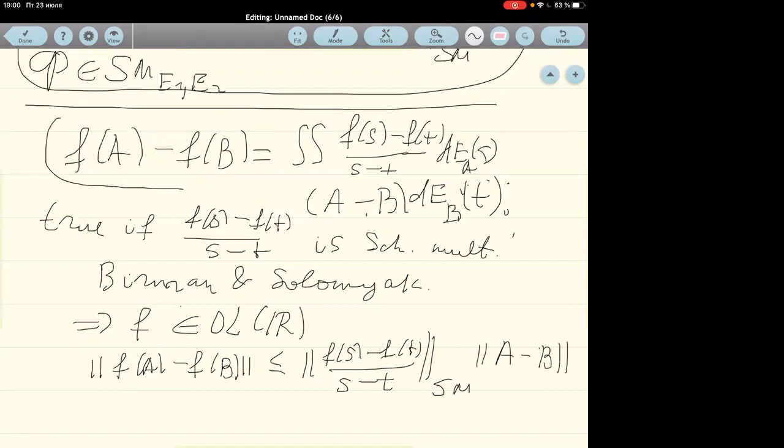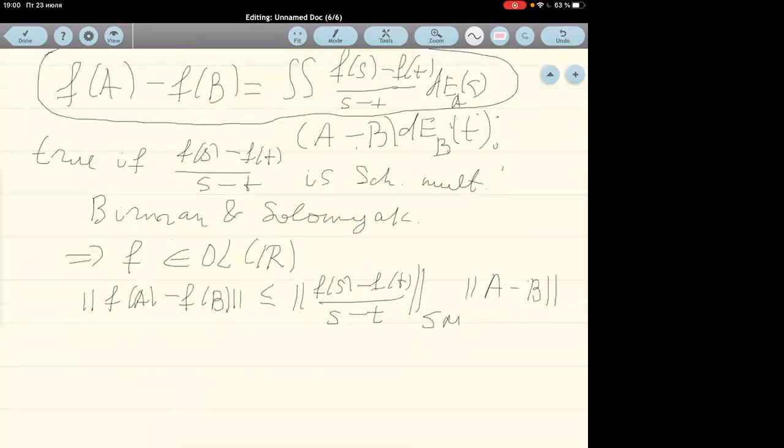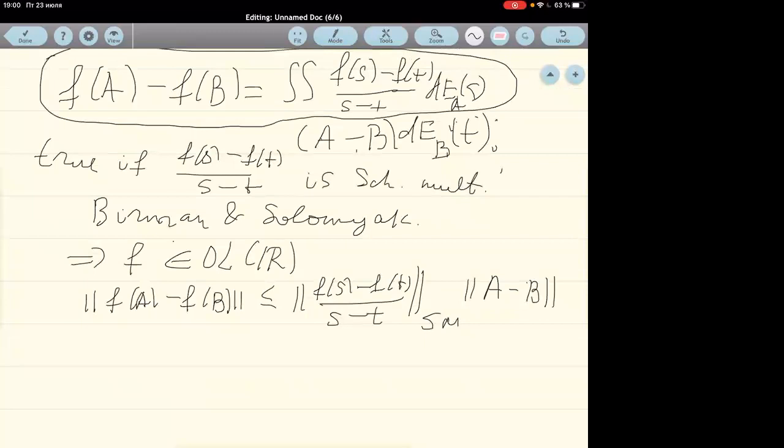Now I would like to briefly discuss why this formula holds. Simply, we have the following integral of f of s minus f of t divided by s minus t, dEA of s, A minus B, dEB of t.